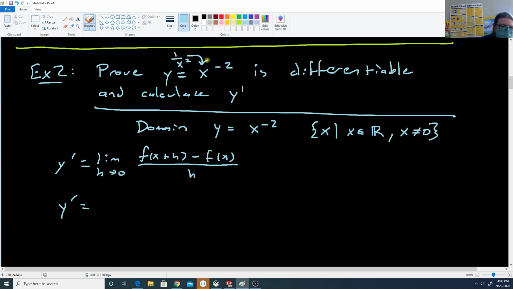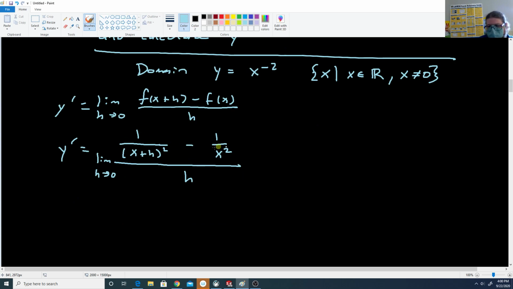So we get 1 over x plus h squared minus 1 over x squared, that's for f of x, all over h, limit as h approaches 0. If we can show that this has some nice form and exists, then we'll have proved that the function y is differentiable, and we'll have calculated its first derivative.